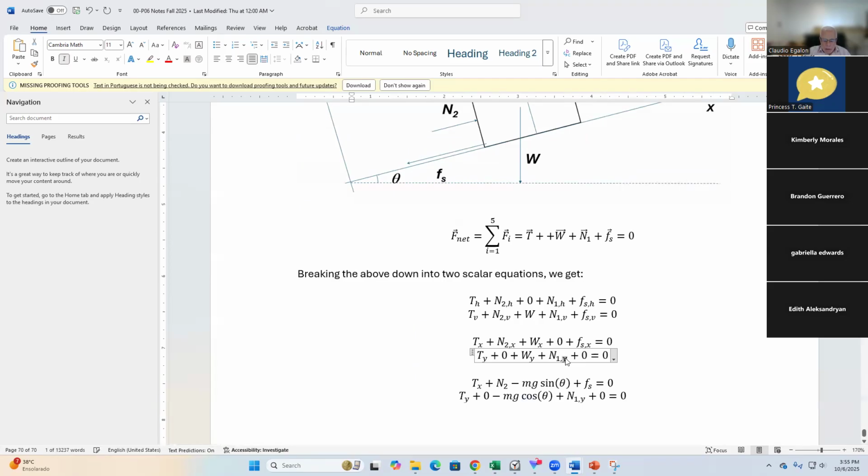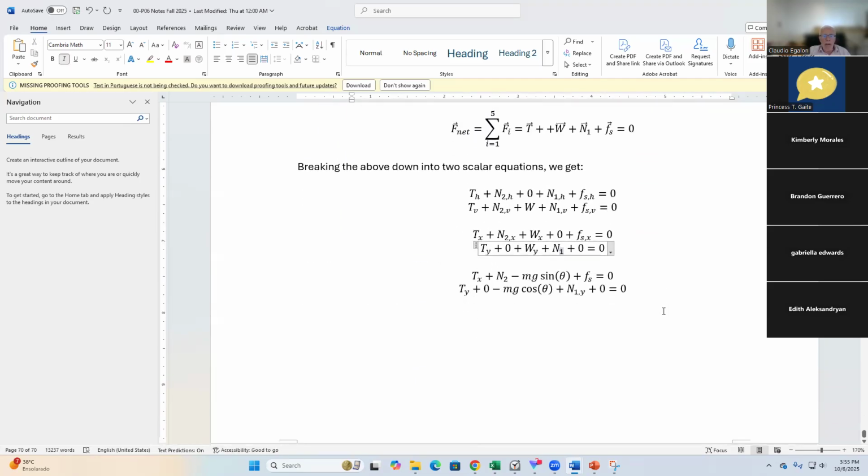Oh, here I gotta change too, because the normal has only a Y component, so this Y here becomes unnecessary. And here you go. We can eliminate that as well. Make it as simple as possible. Okay, so here you go.